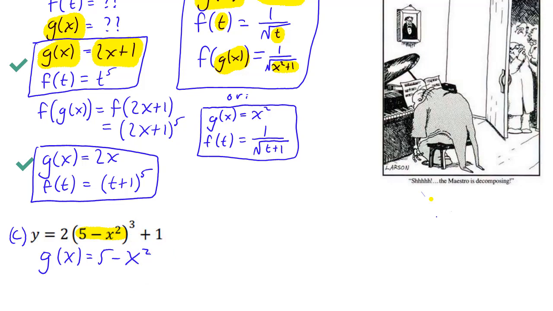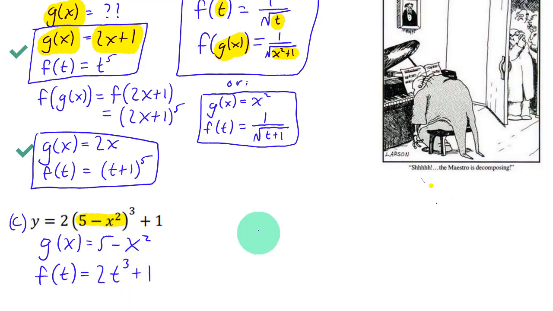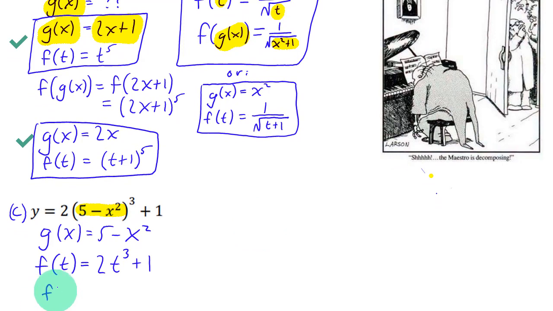And then after you have that 5 minus x squared, what do you do next? Well, you raise it to the power 3, you cube it, multiply that result by 2, and add 1. That's the f of t part. And then f of g of x will be the result you want here.